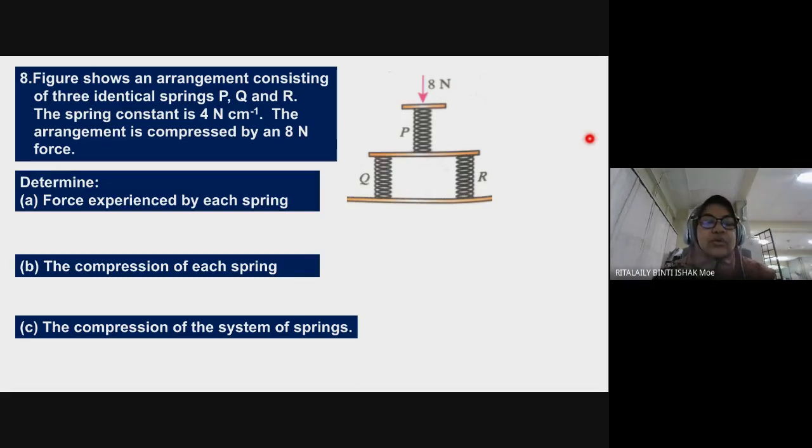You are to write the force experienced by each spring. So what is the force experienced by P, by Q and by R? P how much, Q how much, R how much?